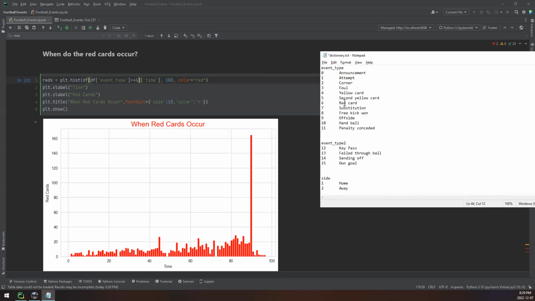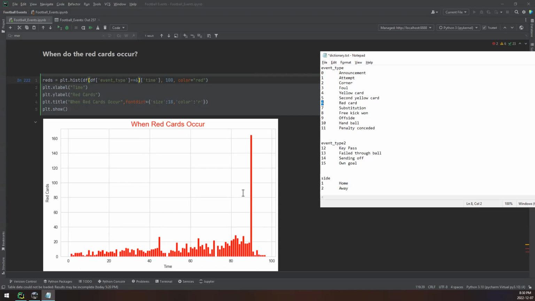Event type 6 is a red card, and I used it to get just the red cards from the dataset, not all of it. And I also put time here to show the timing from the dataset.